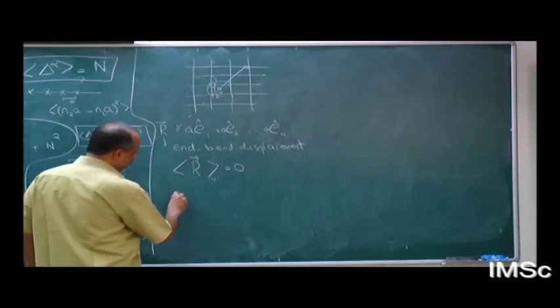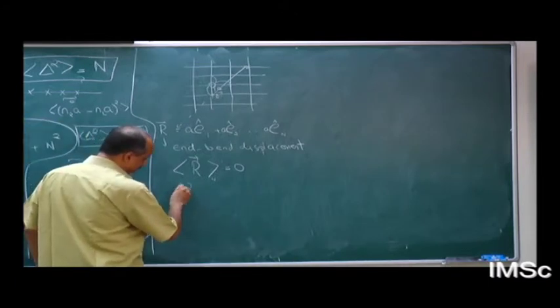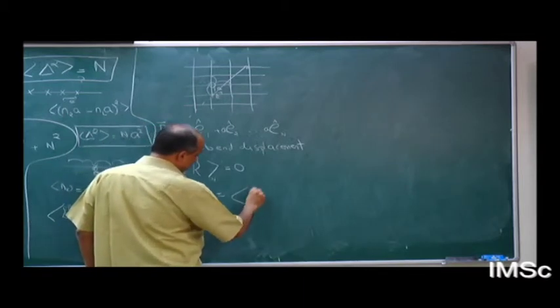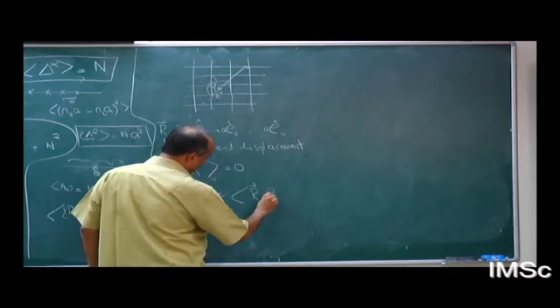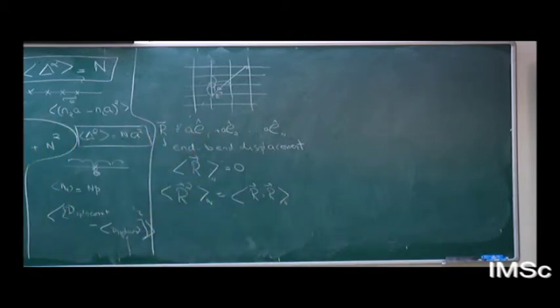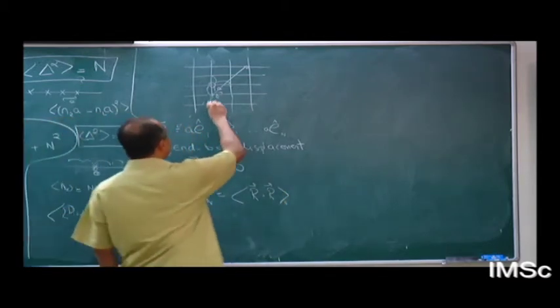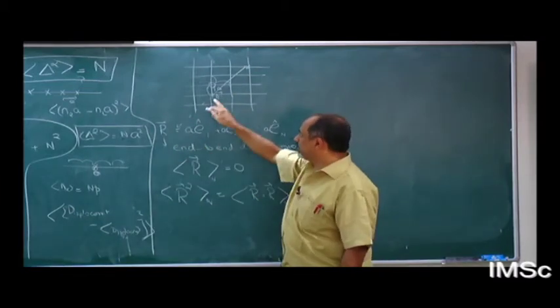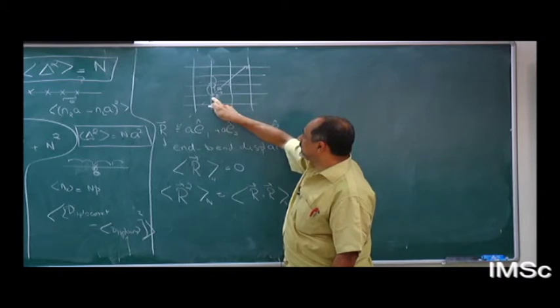Now let us look at the quantity r squared average as a function of n. This would be the average of r dot r for an n step walk. R is the displacement from any starting point to the end point. If I had one step, I moved here, then r would be this vector.